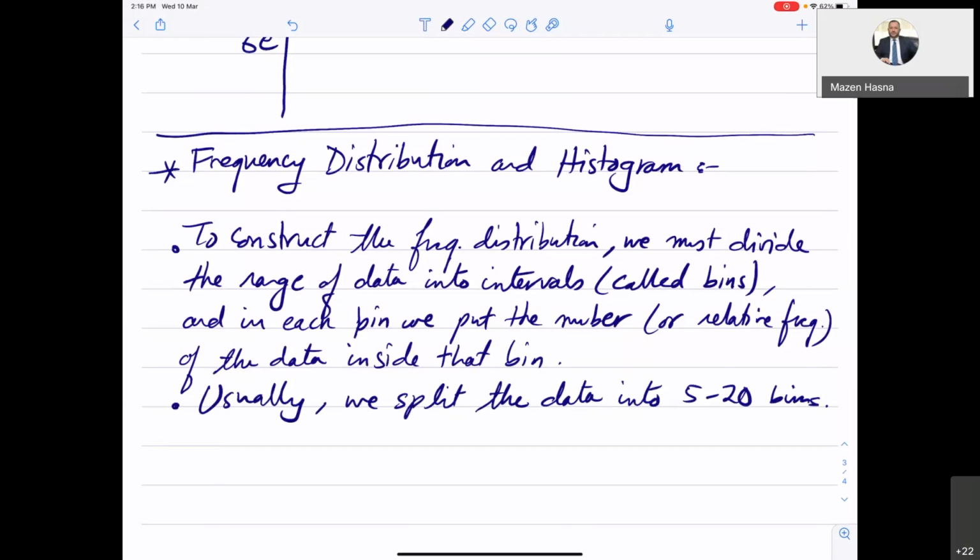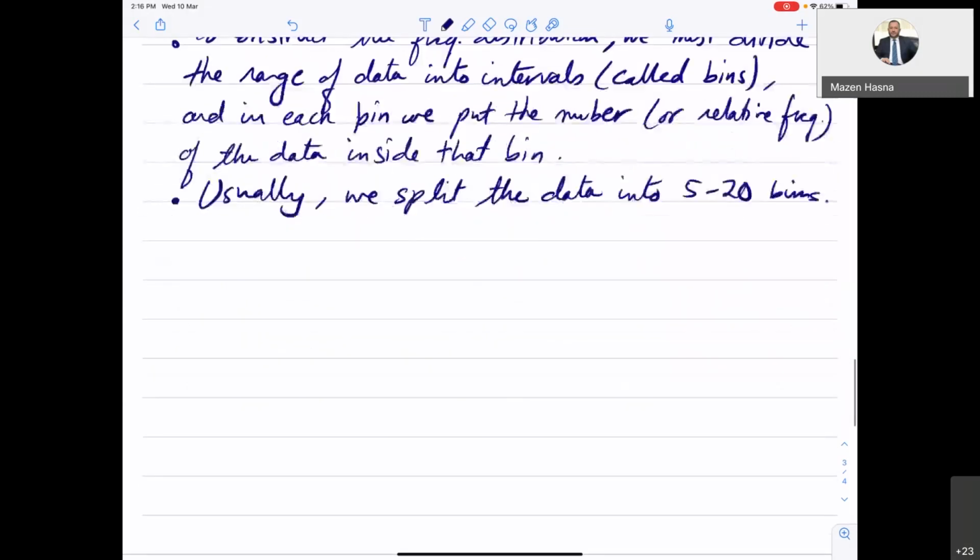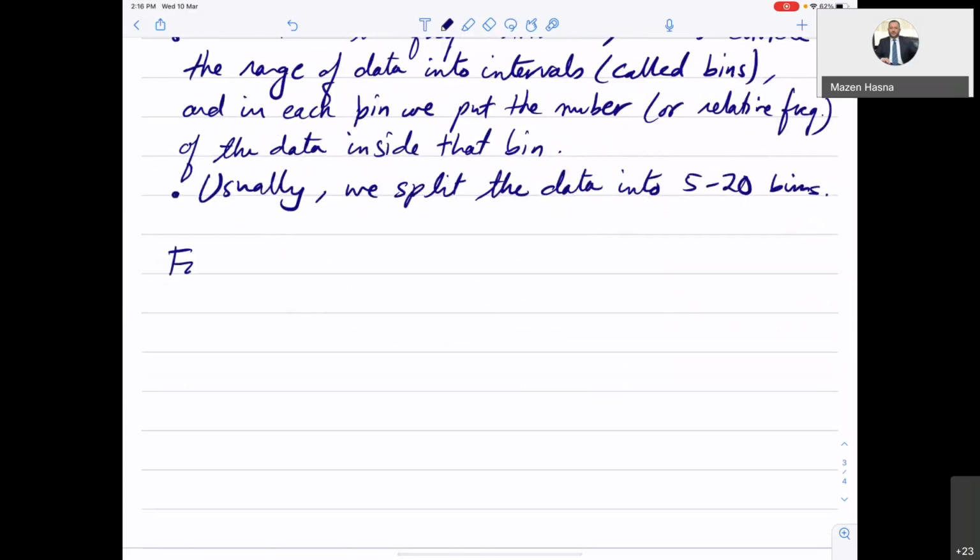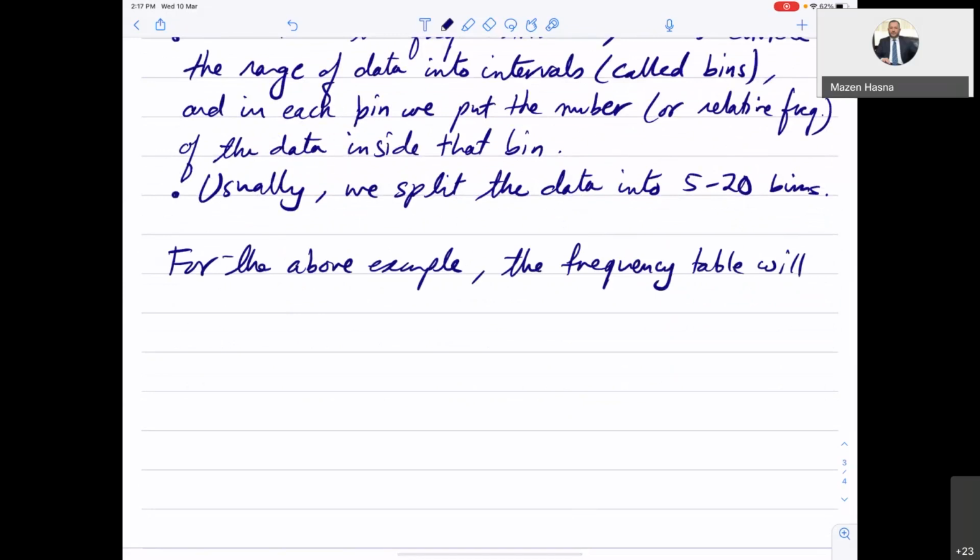So for the above example, the frequency table will look like something like this.